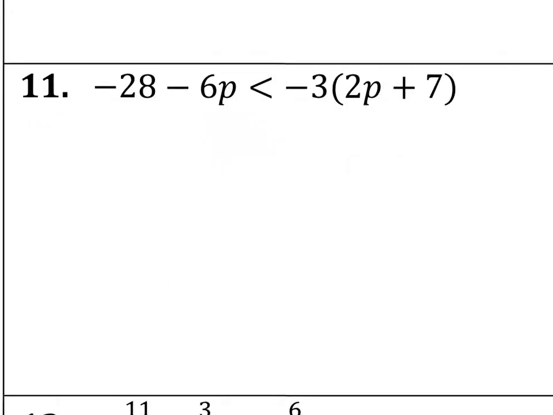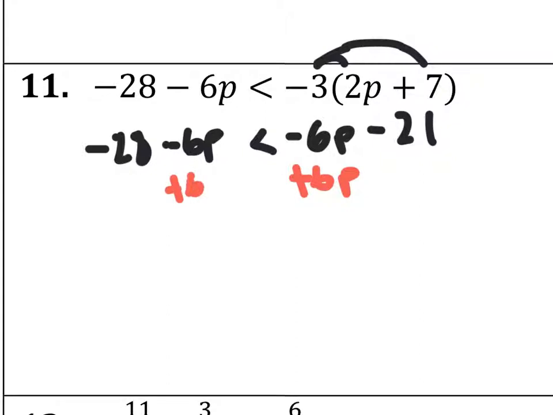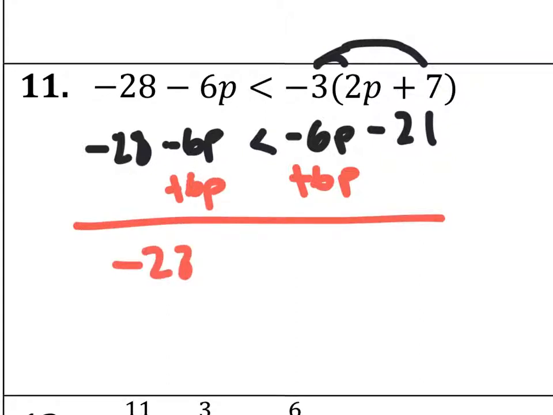Alright, this one's going to be a couple steps because we have variables on both sides, but we have parentheses, no exponents, so we are going to distribute, get negative 6p minus 21, and then negative 28 minus 6p over here. We are going to add 6p to both sides. Got to get the variables together, going across the inequality sign, and we get negative 28. Those cancel out.